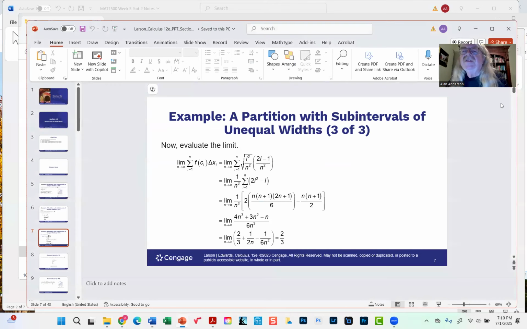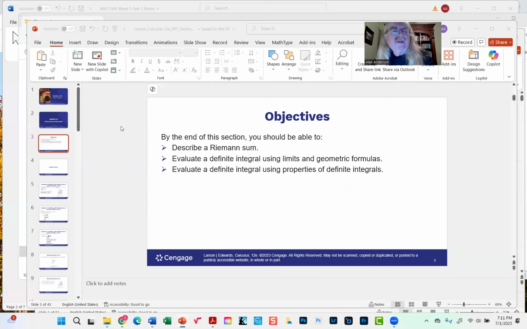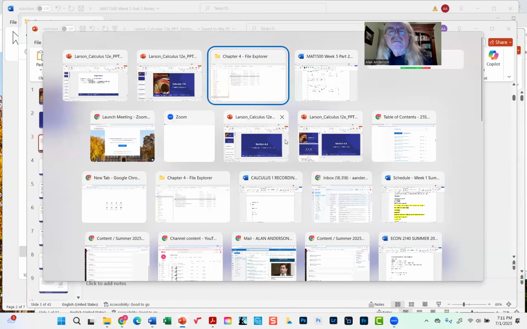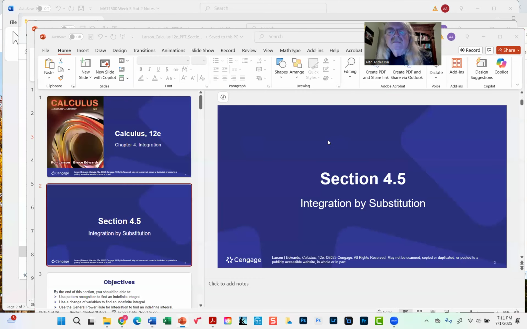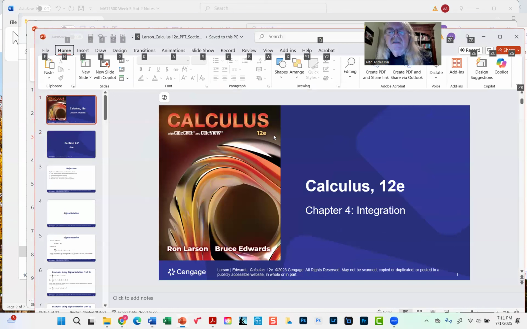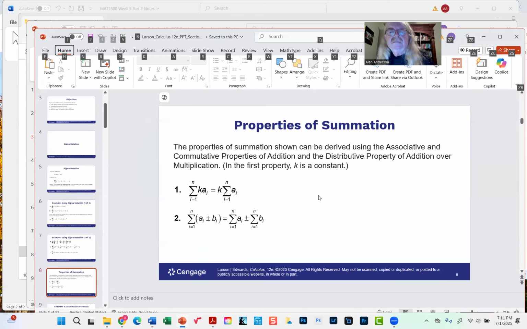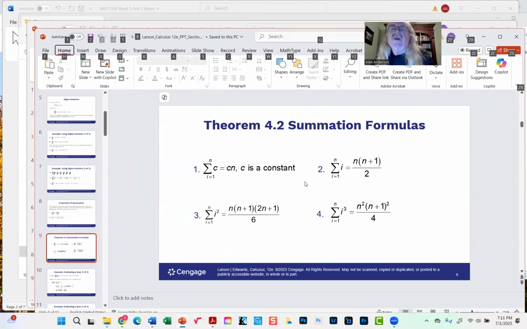I seem to remember it was slide number 9. Oh, no, I was right the first time. It's in the previous section, which I don't think is open. Oh, here it is. Okay. Here we go. This is what I was looking for.